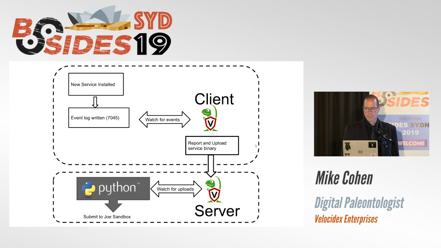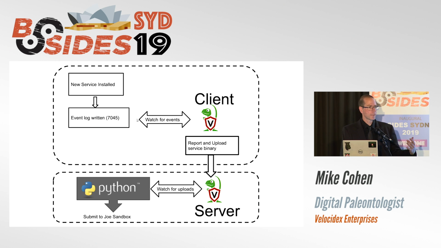So the client is going to basically be sitting here, and then when a new service is installed, we're going to have an event log message written. It's a 7045 event log. The client is going to watch that event log for this message.